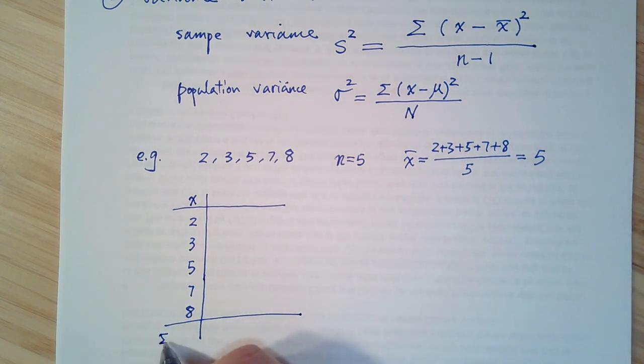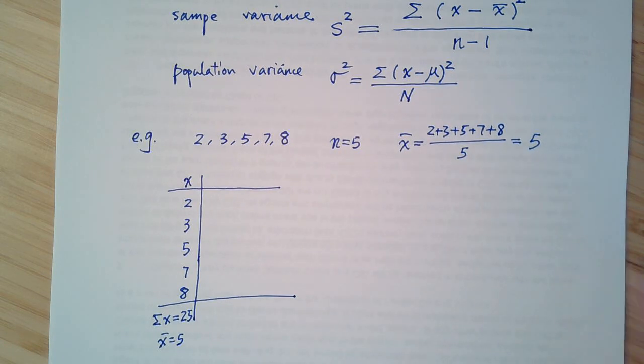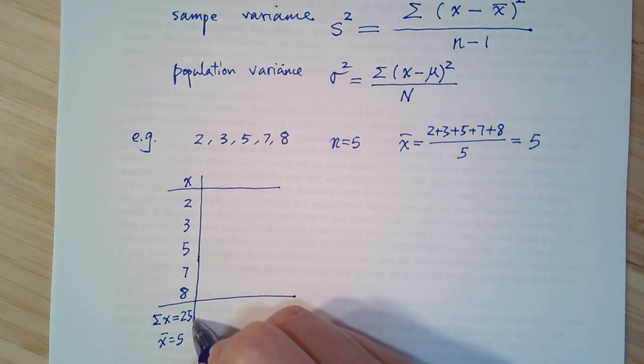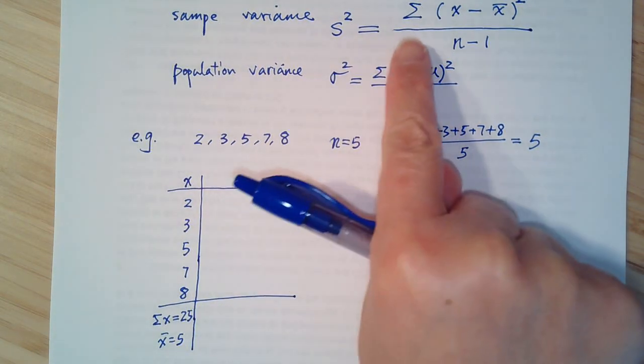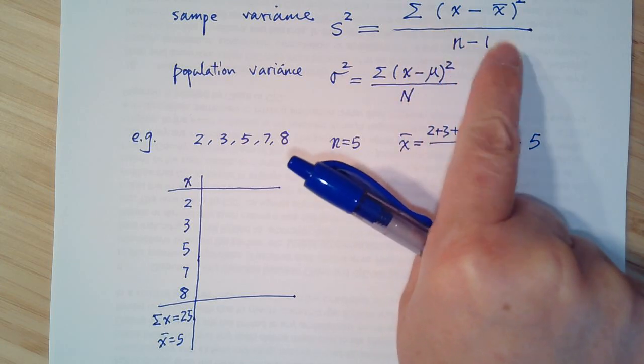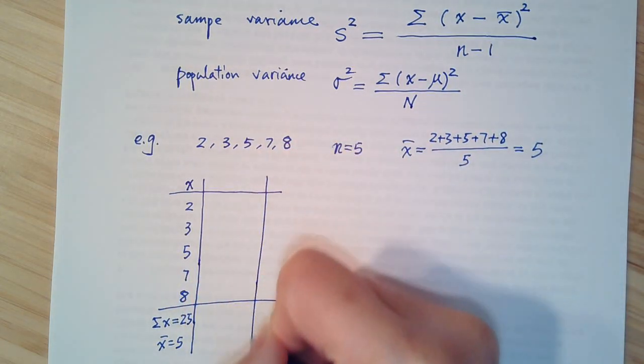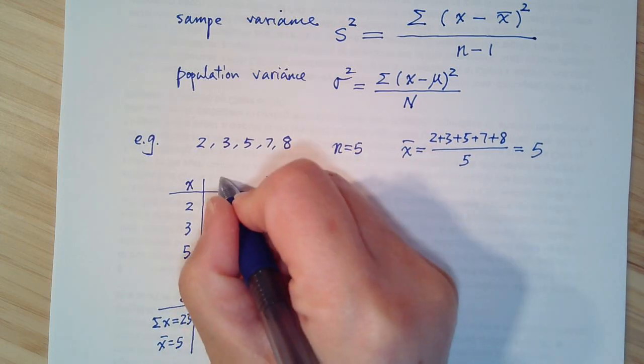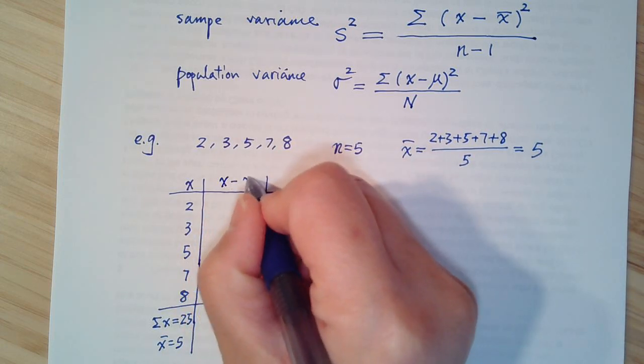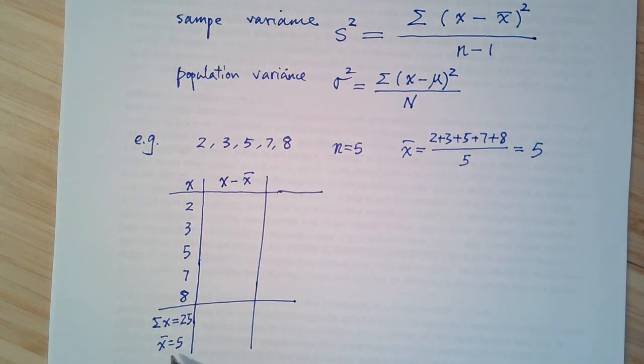And down here, you can write the summation of x is 25 and x bar equals 5. That's what we learned in the early sections. Now, if you look at the formula here, that is x minus x bar and then squared. So for the next column, I'm going to put x minus x bar. In our case, x bar is 5.